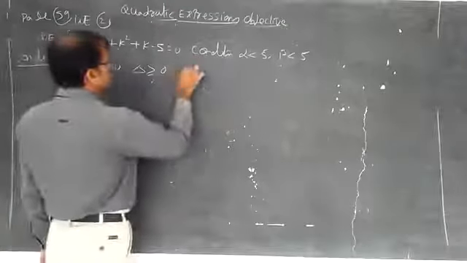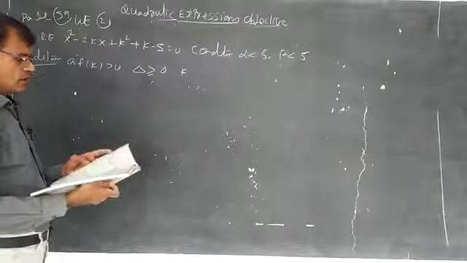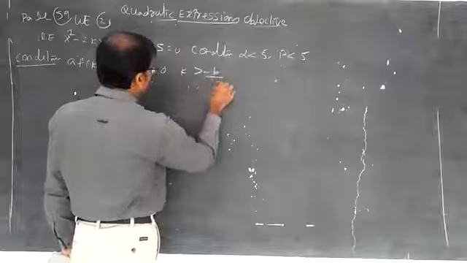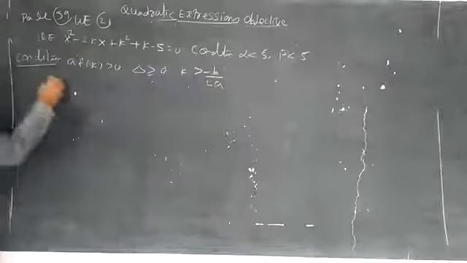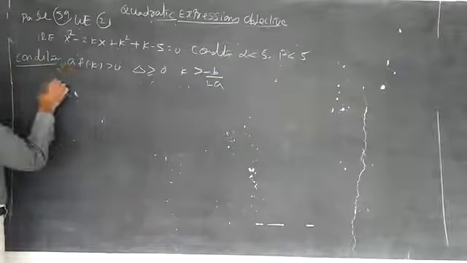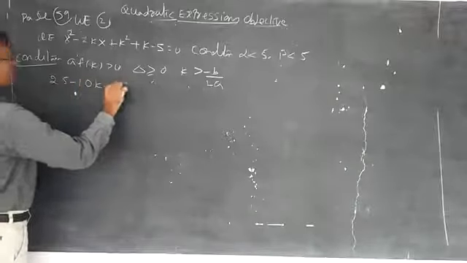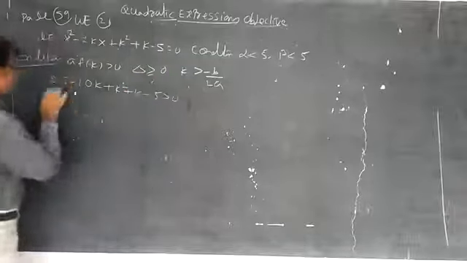And another condition: whenever k is greater than the vertex, we get k greater than minus b by 2a. Now we can apply here. That a into f of k means, of course, simply 5 you can put: 25 minus 10k plus k square plus k minus 5 greater than 0.